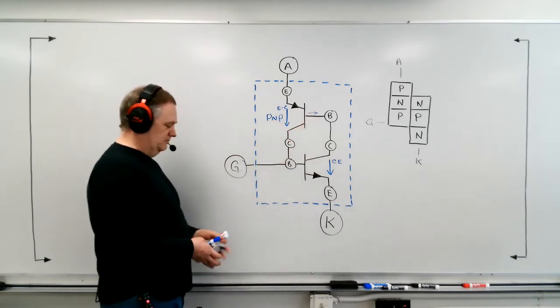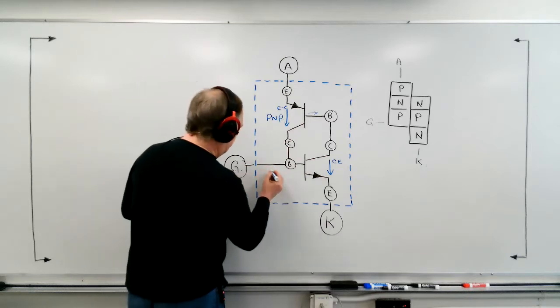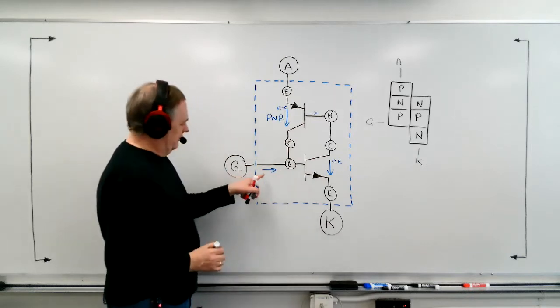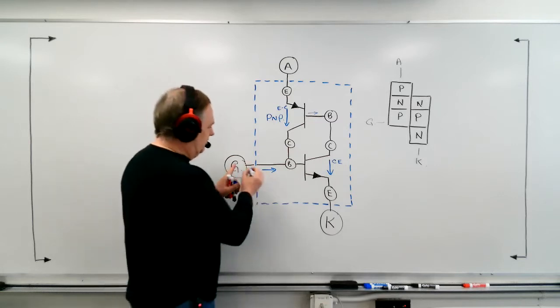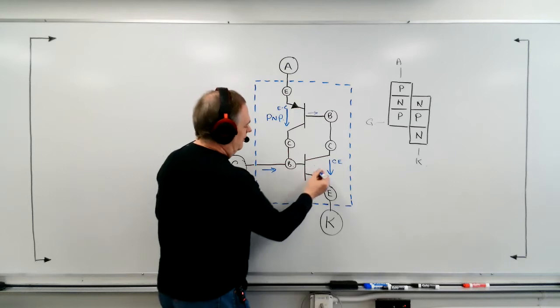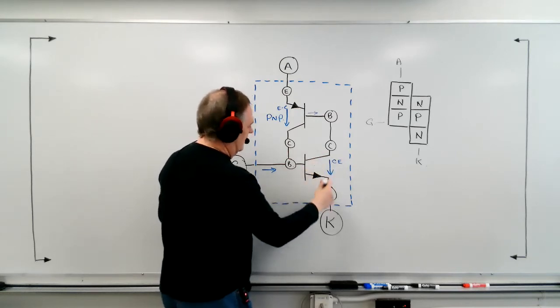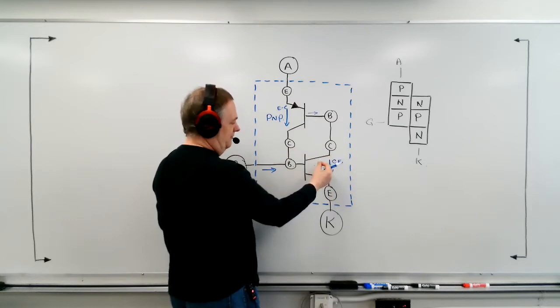So here's what we do. We take a source of voltage and we introduce a pulse of current into the gate. Now this pulse of current enters the base of this transistor. That takes this switch contact and closes it.